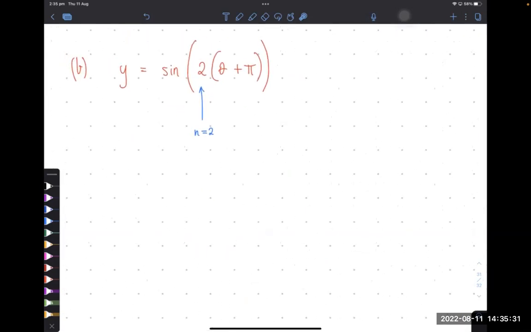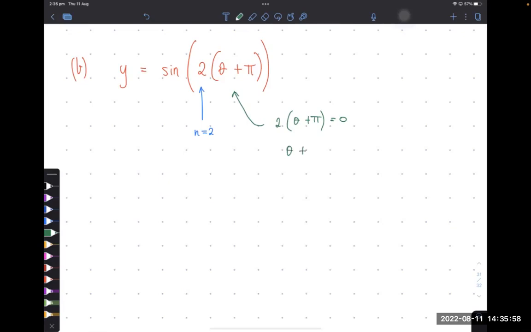So if you want to find your horizontal translation, if it's moving left or right, is it moving left or right here? If you're unsure, let the bracket equal 0. Okay, so I'm going to do that: 2 bracket theta plus pi equals 0.